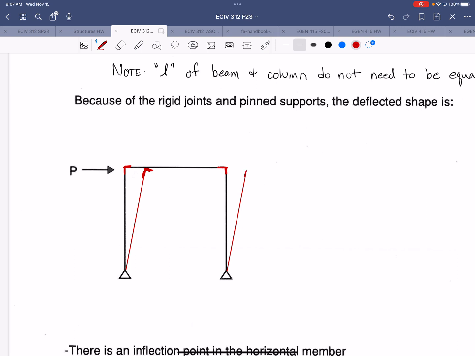So that's going to look something like this. In order to meet that rigid joint condition, that beam has to flex, so you end up with this S shape in the beam.